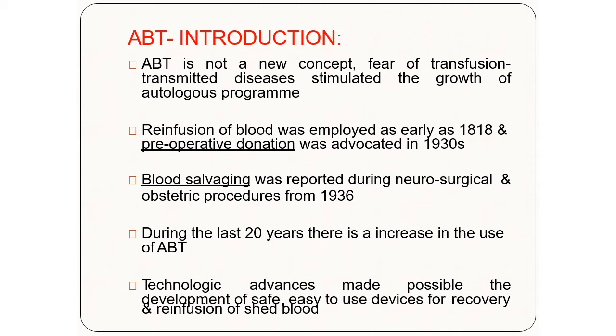Blood salvaging was reported during neurosurgical and obstetric procedures from 1936, and during the last 20 years there is a constant increase in the use of autologous blood transfusion. Due to technological advances, the use of ABT is quite safe, and the reinfusion and recovery of blood is now quite easy.